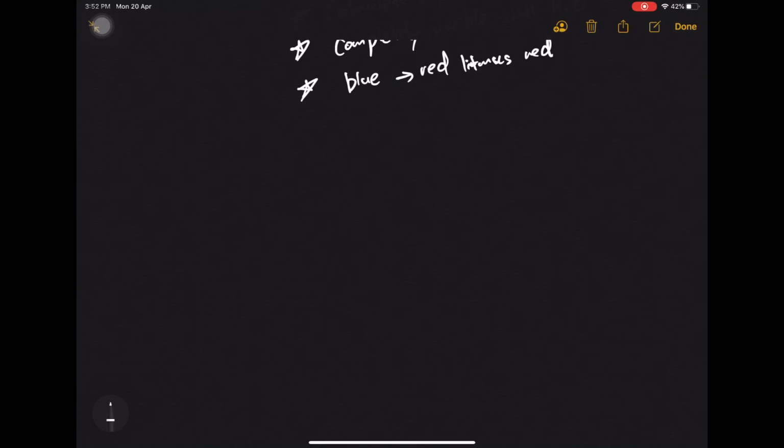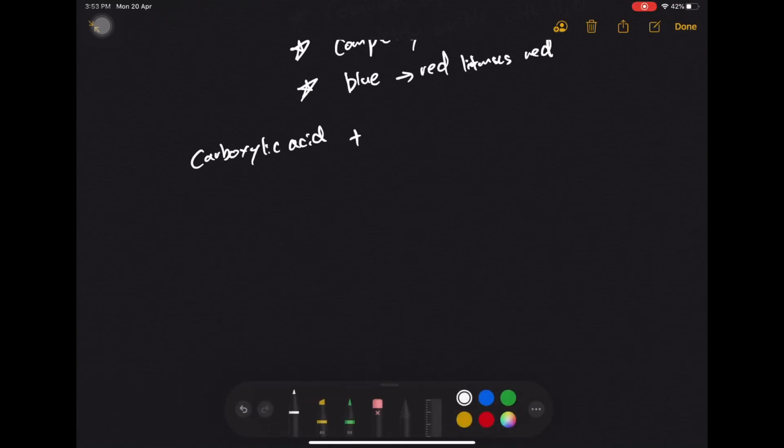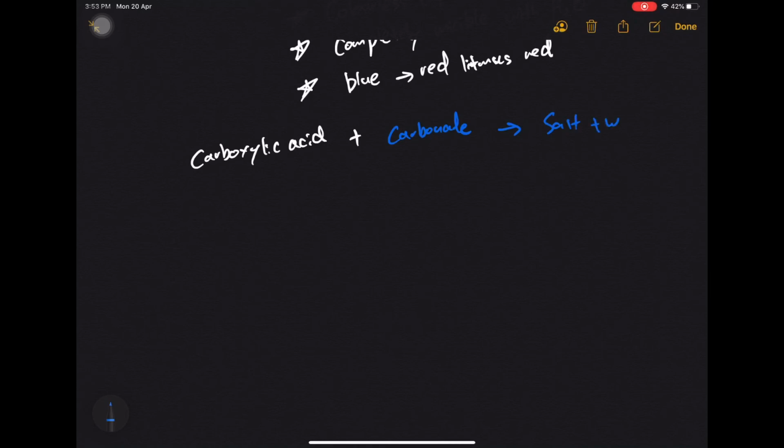So it's going to be the same thing if you add your carboxylic acid to a carbonate salt. It's going to give you salt plus water plus CO2.